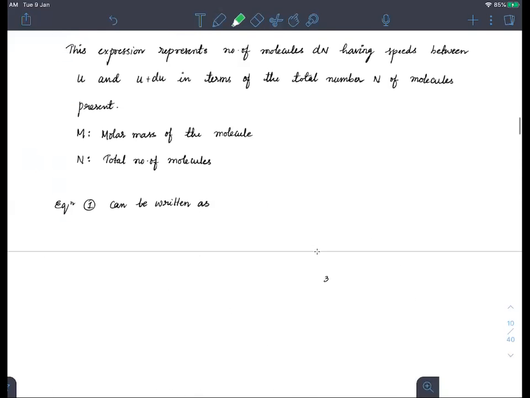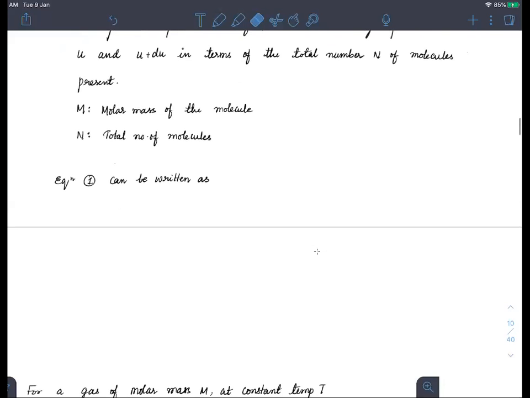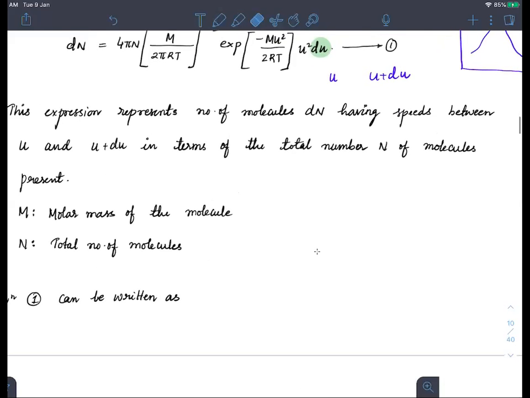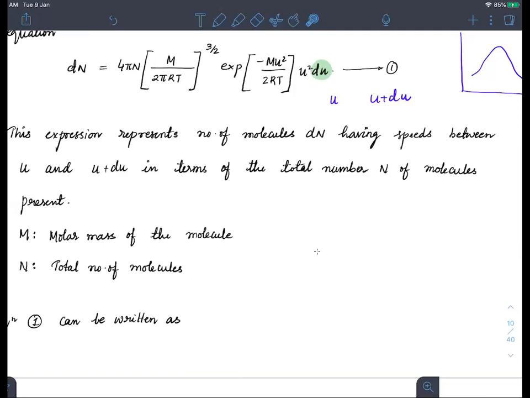Now, this term can also be written in various different formats. For example, in the same equation, there are two functions present. One is an exponentially decreasing function, the other one is u square, and these are all constants. What does this u square represent? A parabolic function.